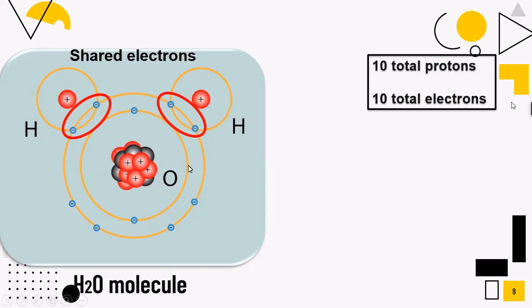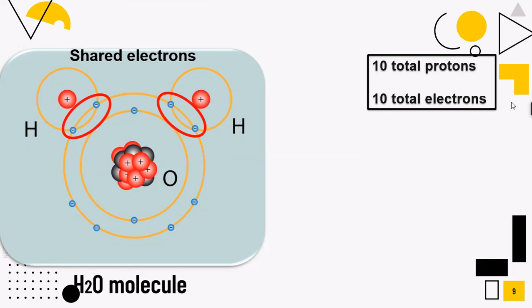So this water molecule is electrically neutral, but it has a partial positive side, the hydrogen side, and a partial negative side, the oxygen side of the molecule.